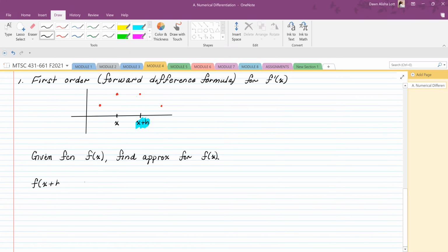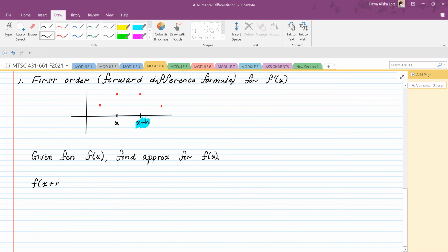Okay, so now I'm going to take 4 times the first equation minus the second equation, and let's see what I get. On the left-hand side, I'm going to get 4 f at x plus h minus f at x plus 2h.